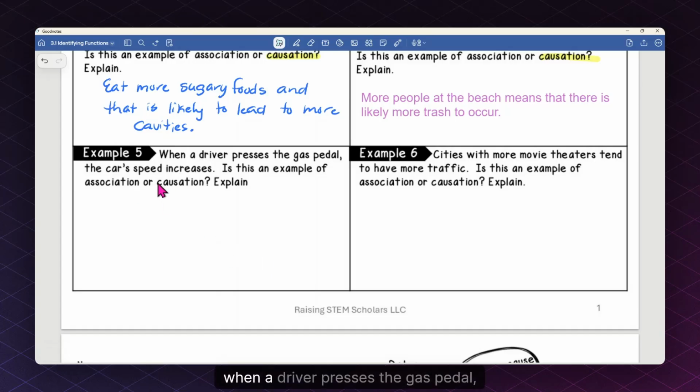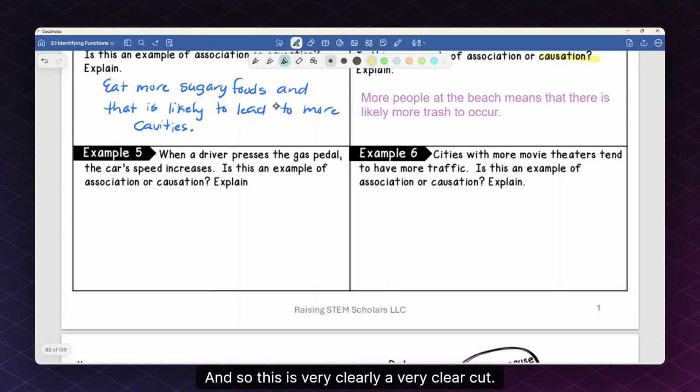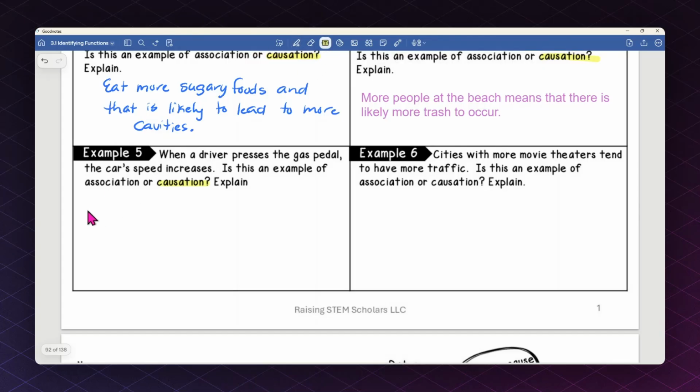Okay, when a driver presses the gas pedal, the car speed increases. Is this an example of association or causation? And so this is a very clear-cut causation, right? If you press that gas pedal more, you're going to go faster.